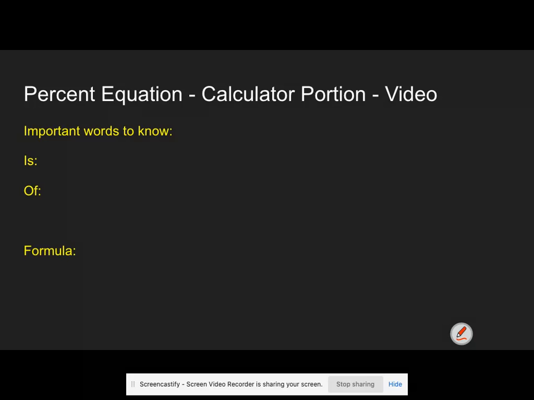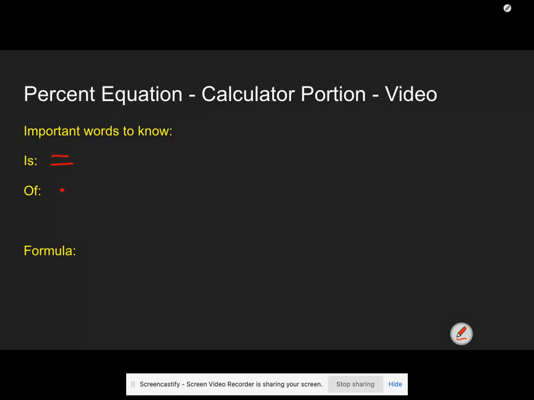So important words that we need to know are the words is and of. The word is means equals. Anytime we see that word in our problem, that's where our equal sign is going to go. And the word of means multiply. So we're always going to put a multiplication sign anytime we see that word.